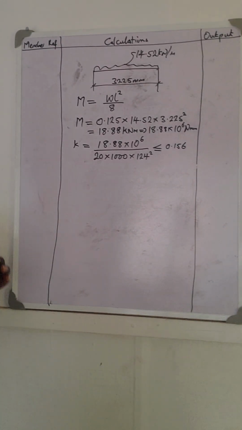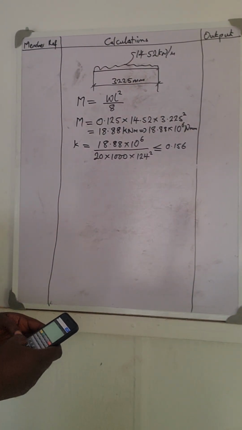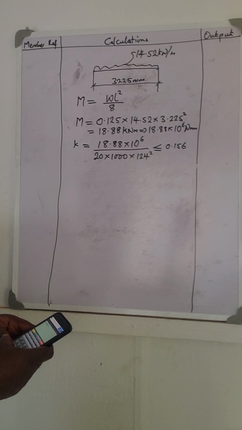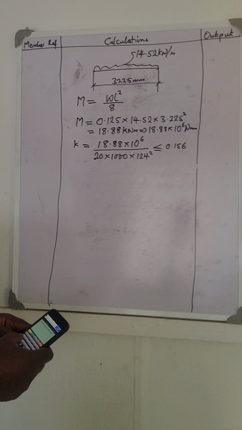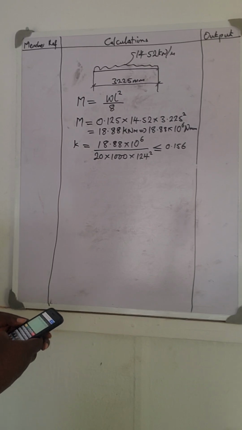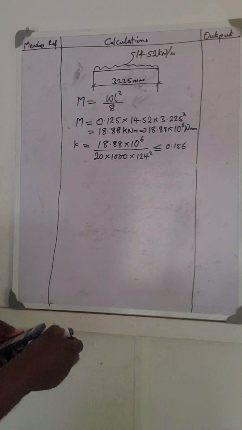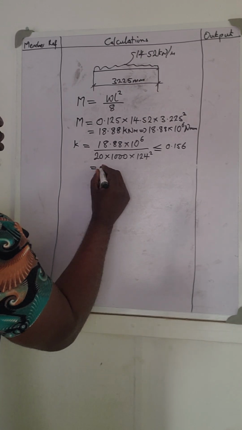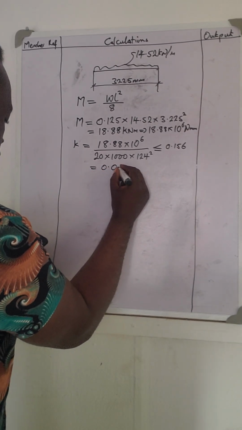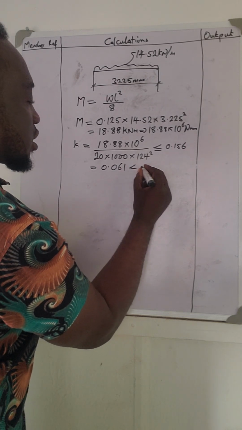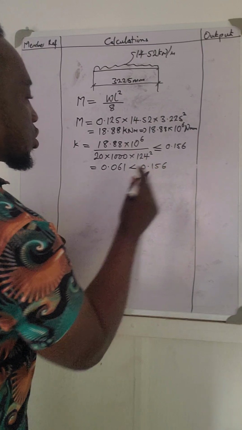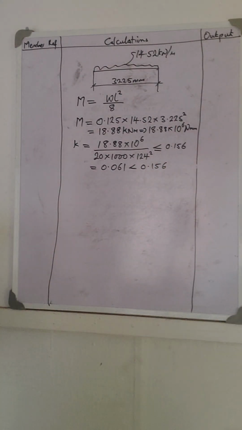Okay, now you compute this. When you compute this, 18.88 exponential 6 divided by 20 multiplied by 1000 multiplied by 124 square. This one will give me 0.061. This is less than 0.156. So we use the lesser value as before.